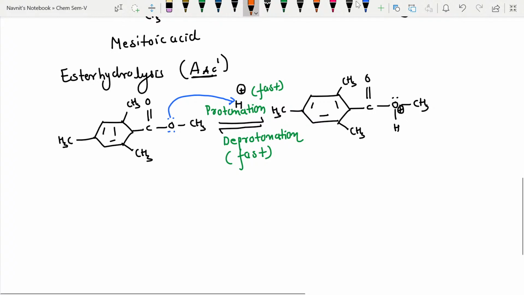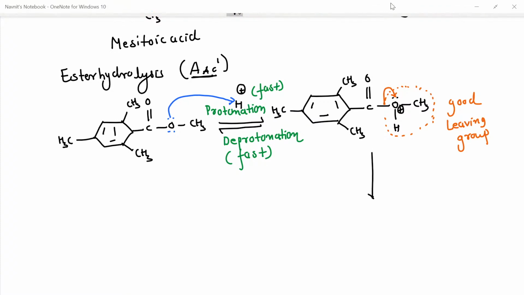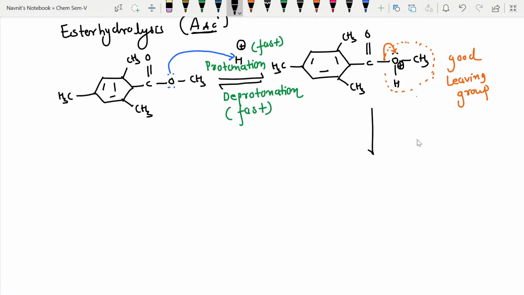Now this group is a good leaving group. So it can easily leave from the molecule. So this bond, the acyl oxygen bond, now breaks, and the positive charge of this oxygen gets neutralized. As a result, we get a stable acylium ion.